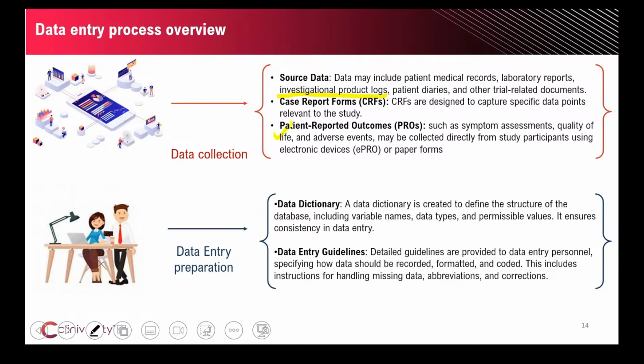So these are all psychometric tests. And this gives additional information on how the patient feels during the trial while they are actively taking this IP. So it measures a lot of assessments.